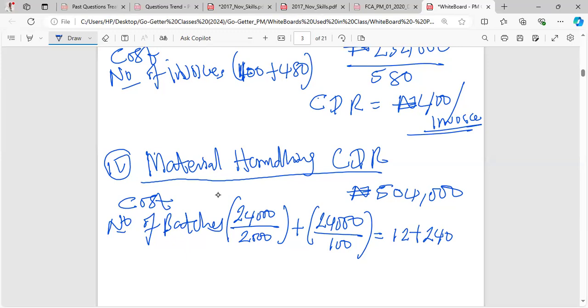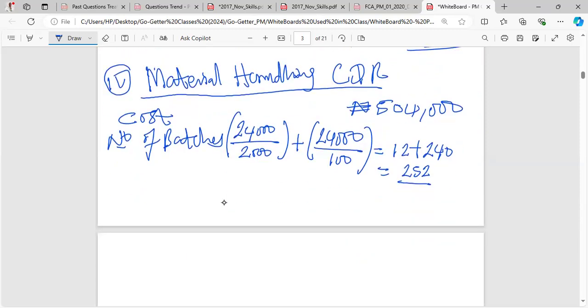So 12 plus 240 is going to give us 252. So if we have 252 batches there, our cost driver rate will give us 504,000 divided by 252.